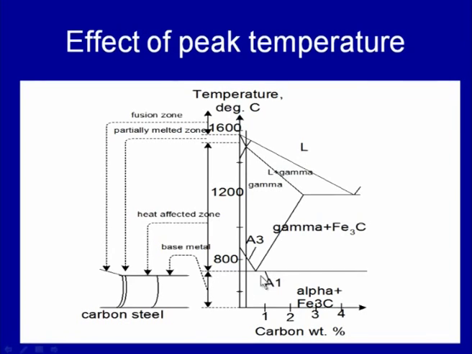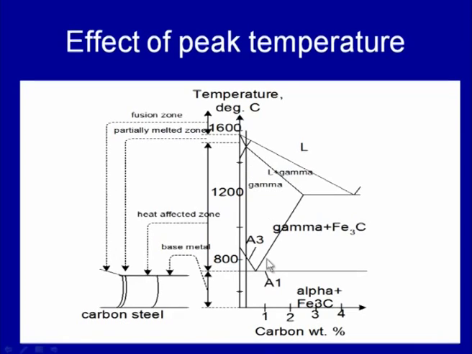The regions which are above the lower critical temperature and below the melting point will fall in the heat affected zone. So, if we see here, this is the region which will be subjected to a temperature lower than 730 degree centigrade, and this is the band where the temperature of the base material will be greater than the lower critical temperature and below the solidus temperature.